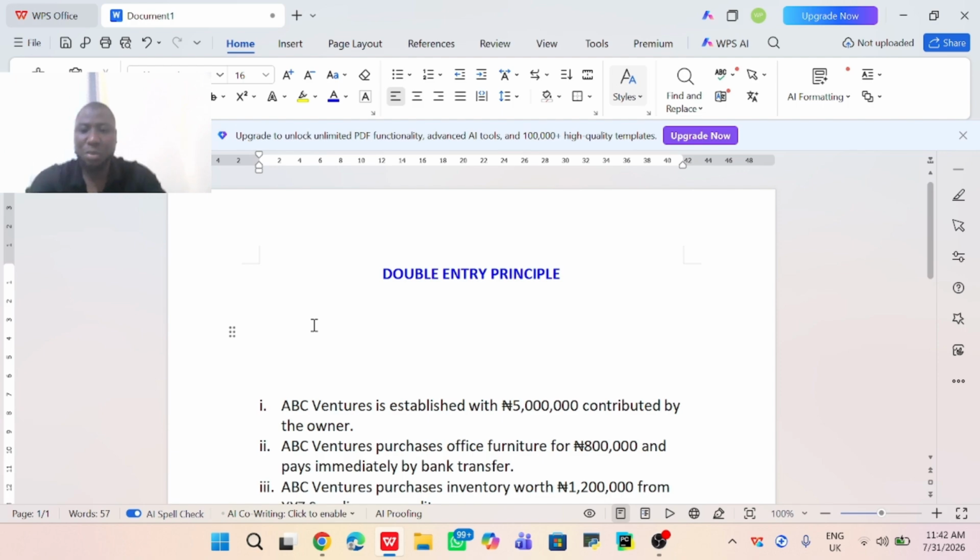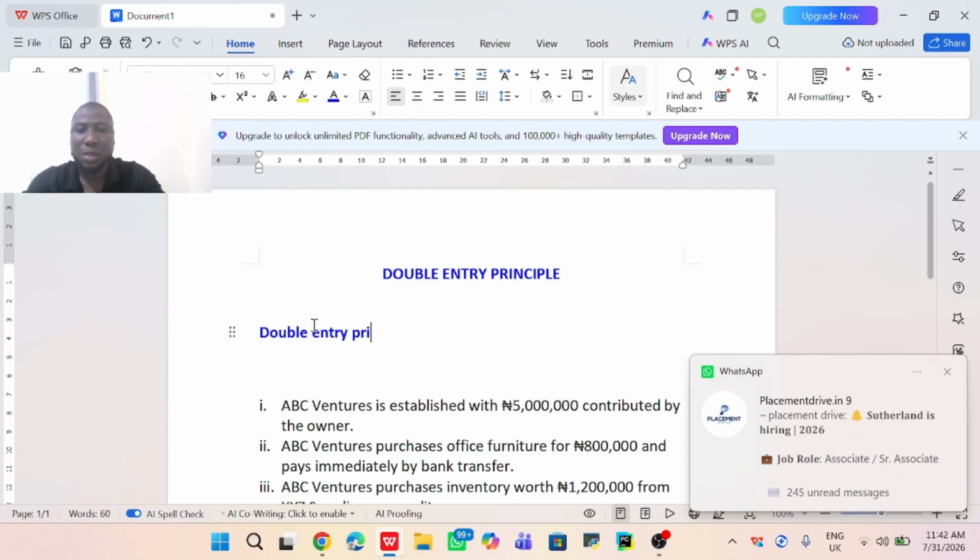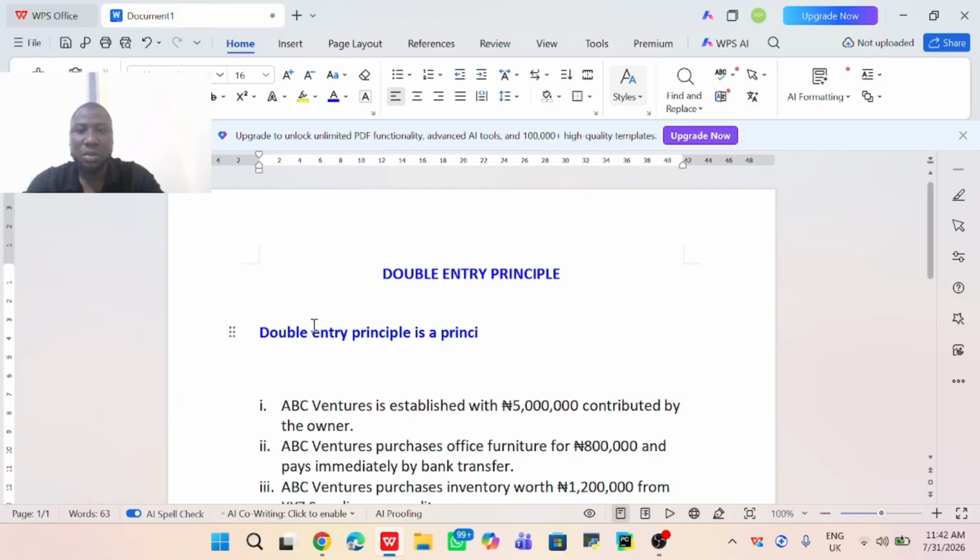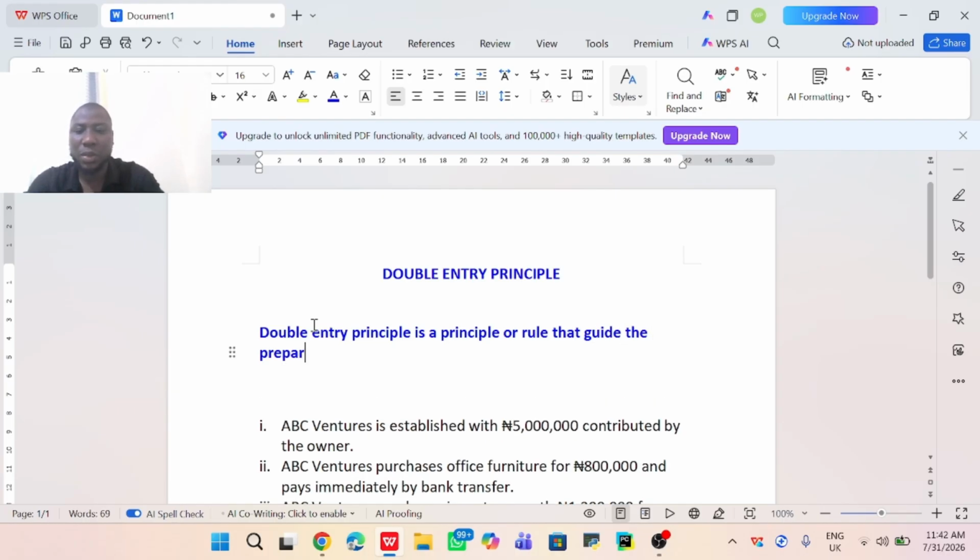Again, let's say double entry principle is a principle or rule that guides the preparation of accounting transactions.